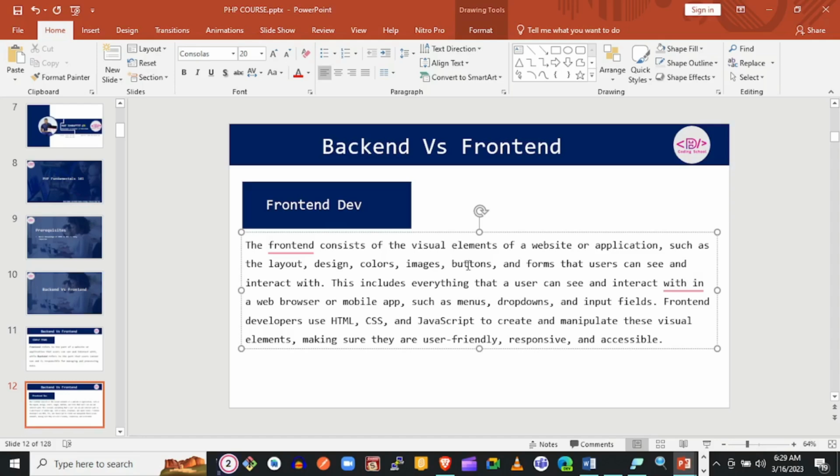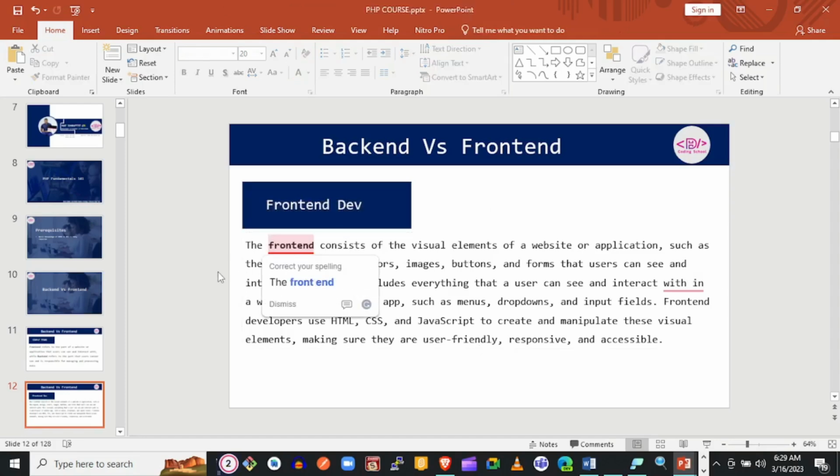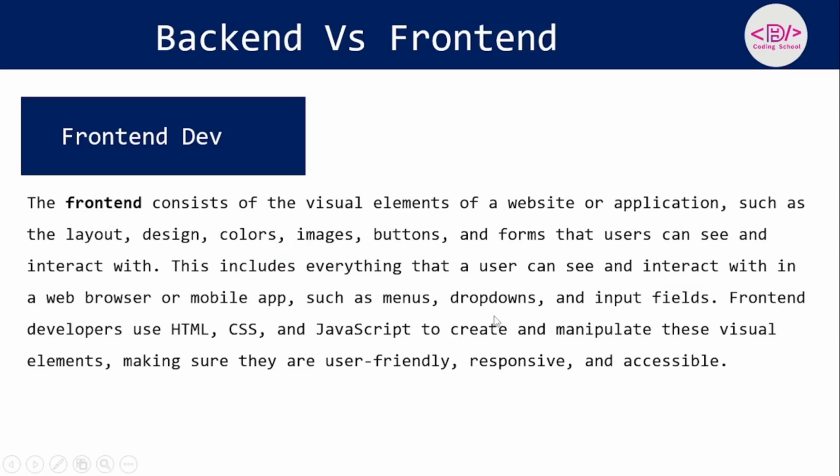At this point, I understand that you must now be getting to know what front end actually is. Let's continue with one more thing. Front-end developers use languages such as HTML, CSS, and JavaScript to create and manipulate these visual elements, making sure that they are user-friendly, responsive, and accessible.